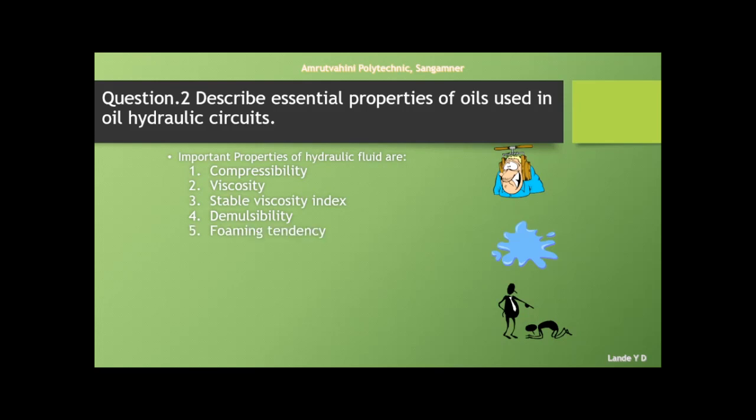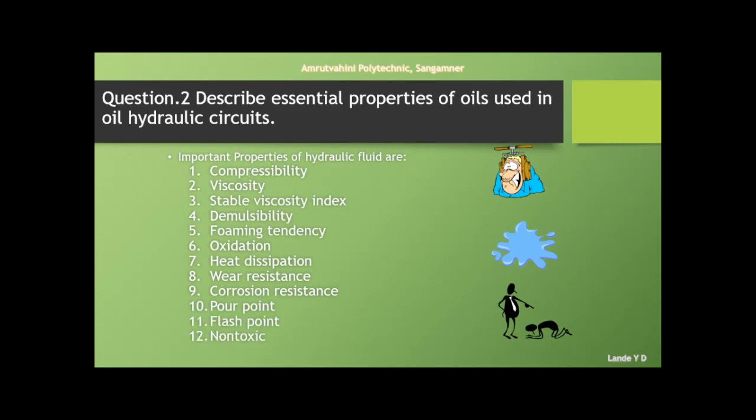Foaming tendency. 6. Oxidation. 7. Heat dissipation. 8. Wear resistance. 9. Corrosion resistance. 10. Pour point. 11. Flash point. 12. Non-toxic. Now, let us see each property one by one.